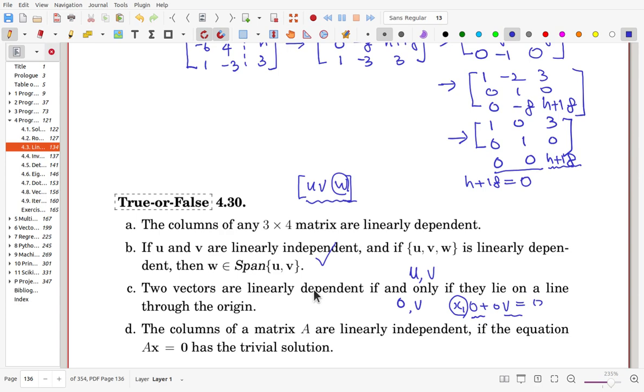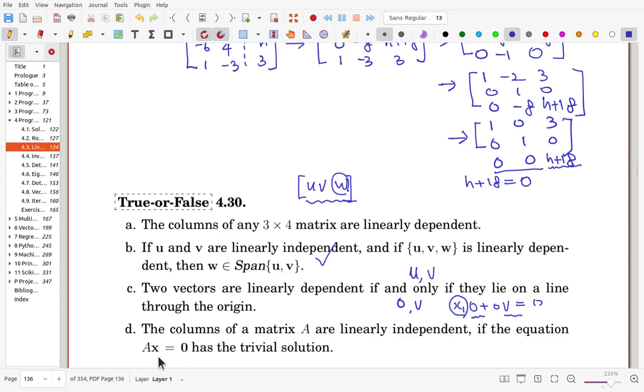The columns of a matrix A are linearly independent if the equation Ax equals 0 has the trivial solution. Is it true? Maybe somebody may say it is true, however, it is false. The homogeneous system always has the trivial solution.